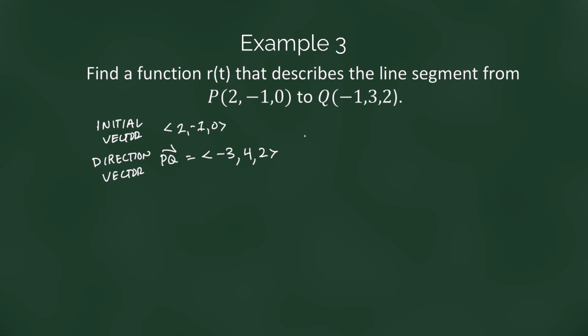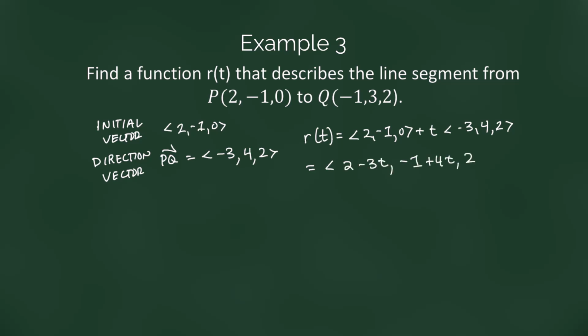So we can start off with our function r of t. It's going to be our initial point, p, plus our parameter t times our direction vector. And combining that, we get 2 minus 3t, negative 1 plus 4t, and 2t.